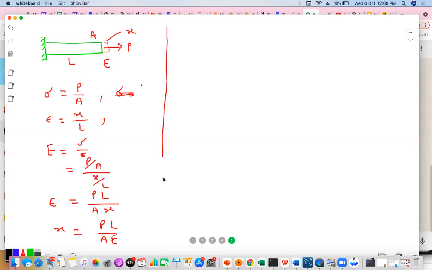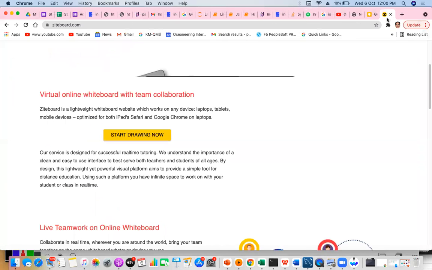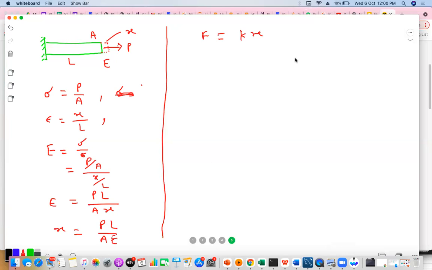Now I want to arrange this equation to look like F is equal to K into X. So I will keep P on this side. P is equal to A into E upon L into X, right?